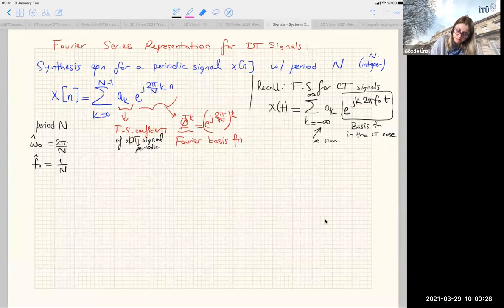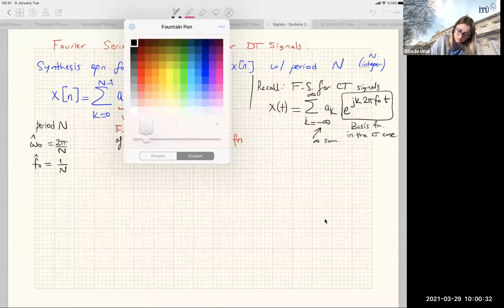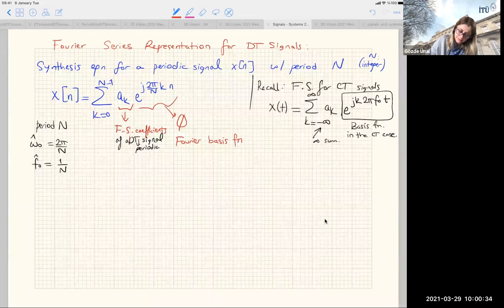So let's write this basis nicer. Phi k equals e to the j 2 pi over N times k n. K, you see, is the index here. So these basis functions are complex sinusoids now.